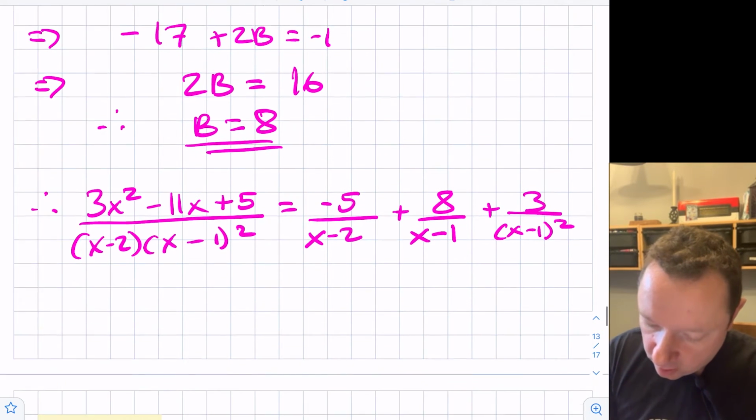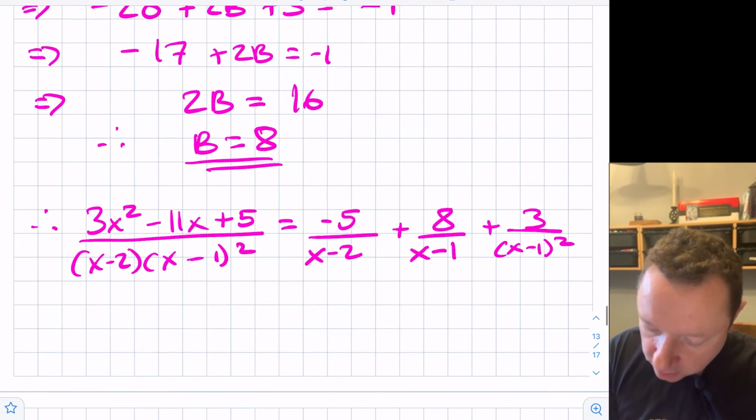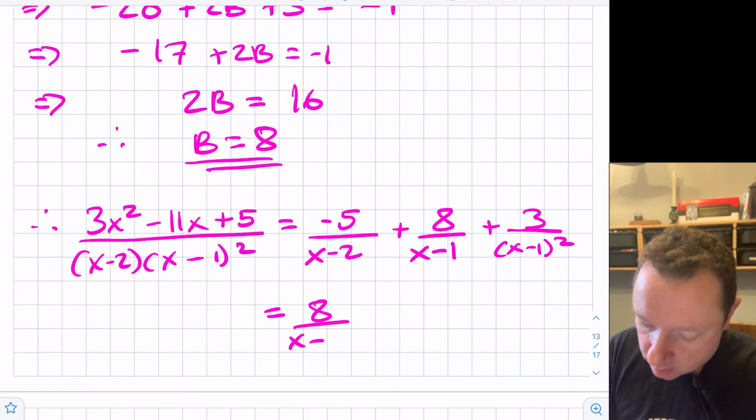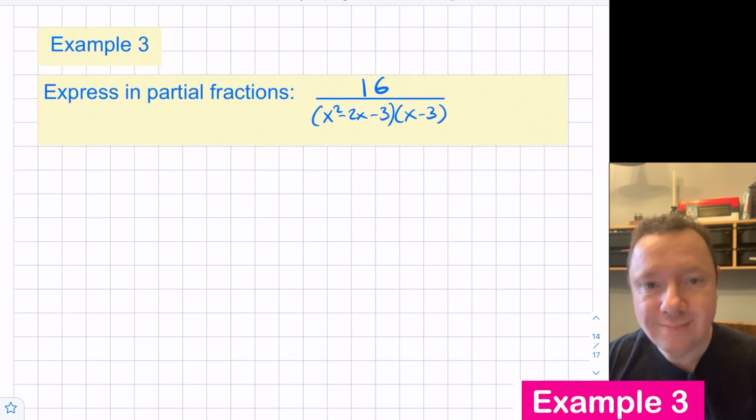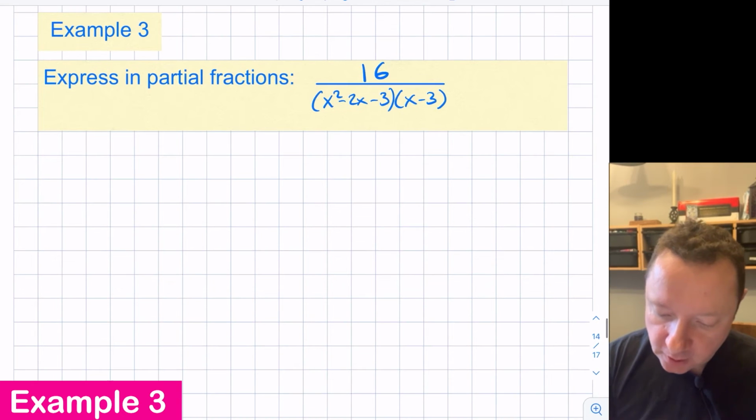Or to make that look a little bit nicer, because we've got a negative fraction coming first, we could say 8 over x minus 1 minus 5 over x minus 2 plus 3 over (x minus 1) squared. And we're done there.